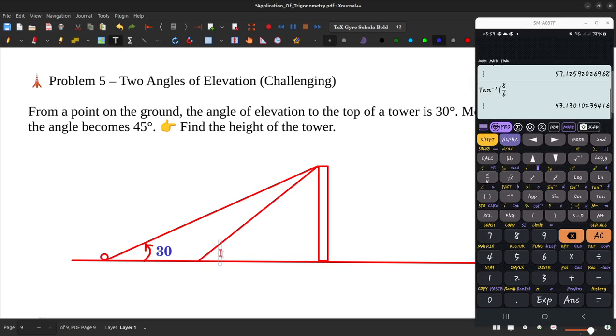This angle becomes 45. If we move 20 meters, this distance from here up to here is 20.